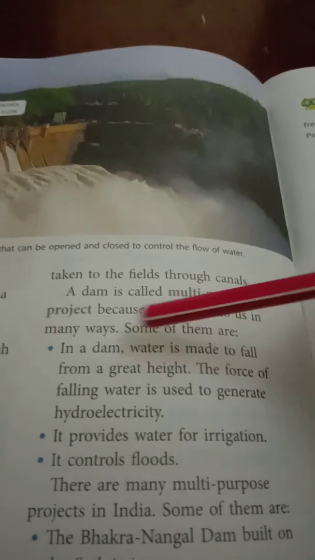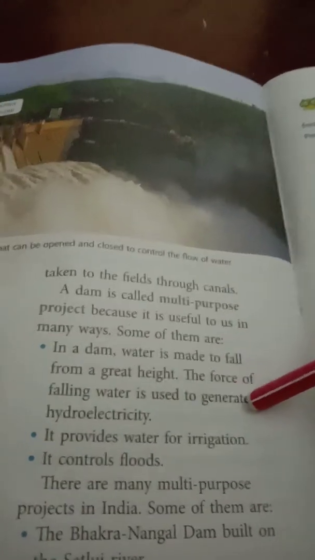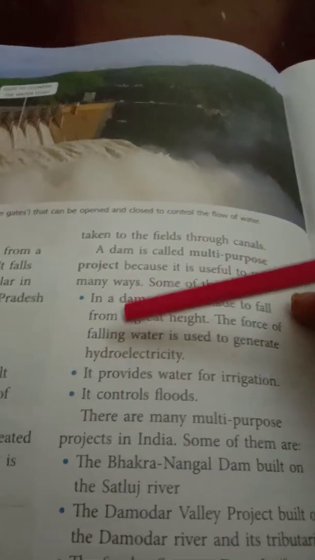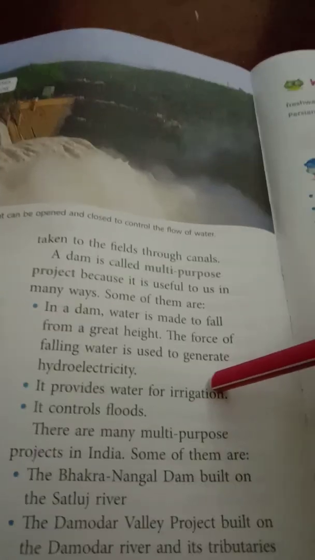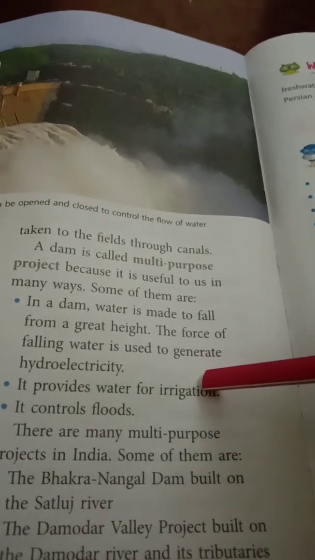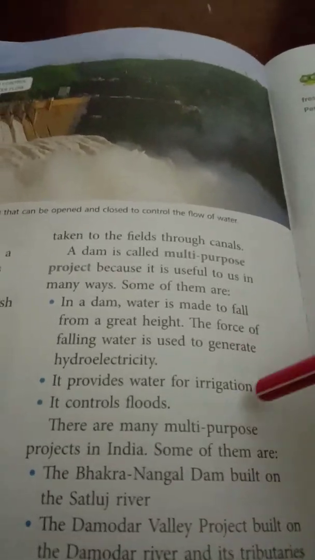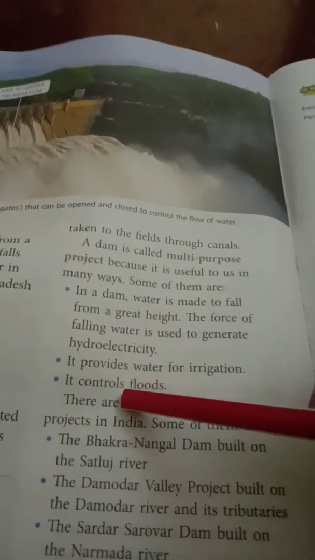The force of falling water is used to generate hydroelectricity. It provides water for irrigation. Dams provide us electricity and irrigation. It also controls floods.